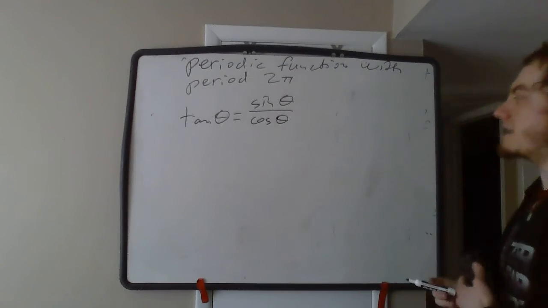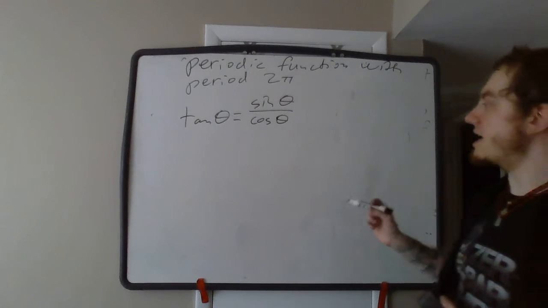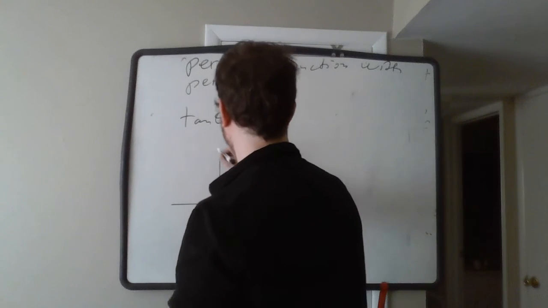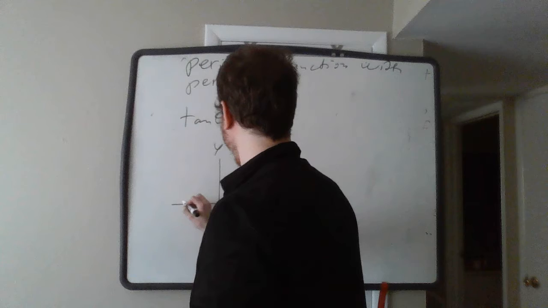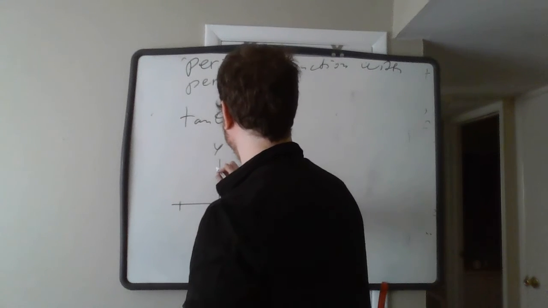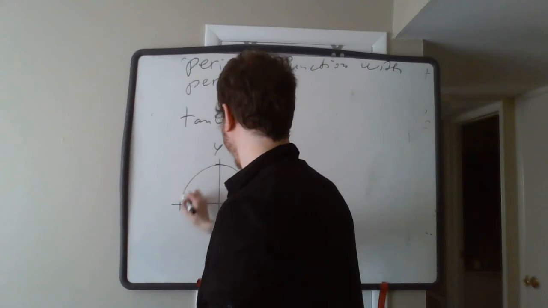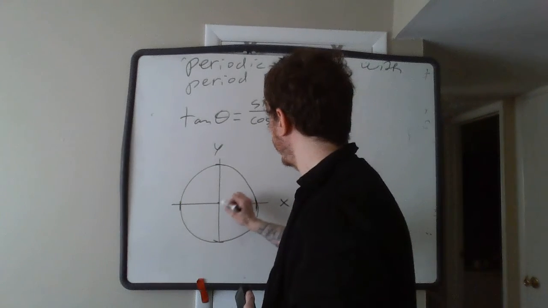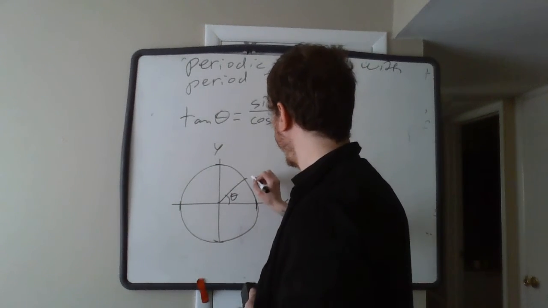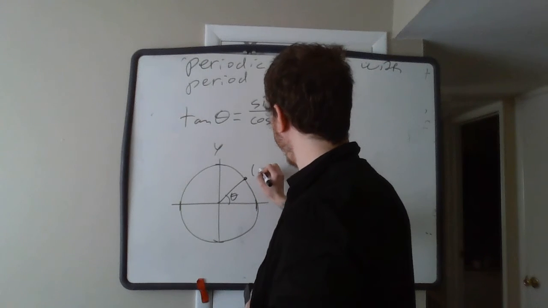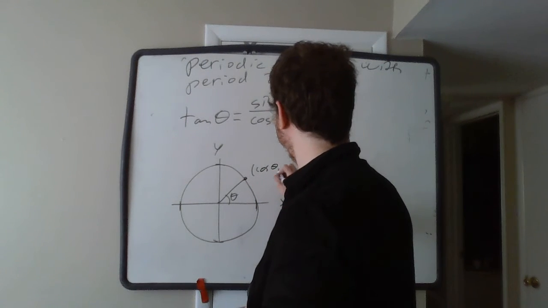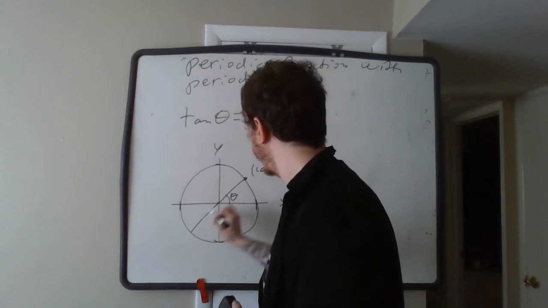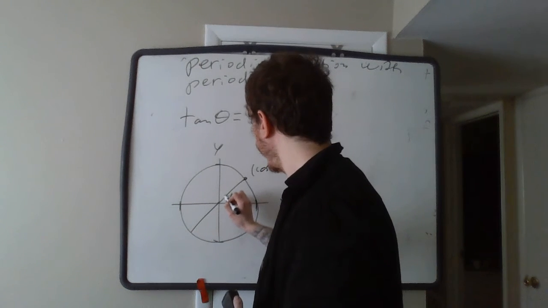Now, I want to make an observation here about sine and cosine, which is going to be very useful for what I want to say about tangent in a moment. Namely, suppose that I have some angle theta here, and this is going to have the coordinates cosine theta, sine theta as usual. Well, what happens if I take theta plus pi?